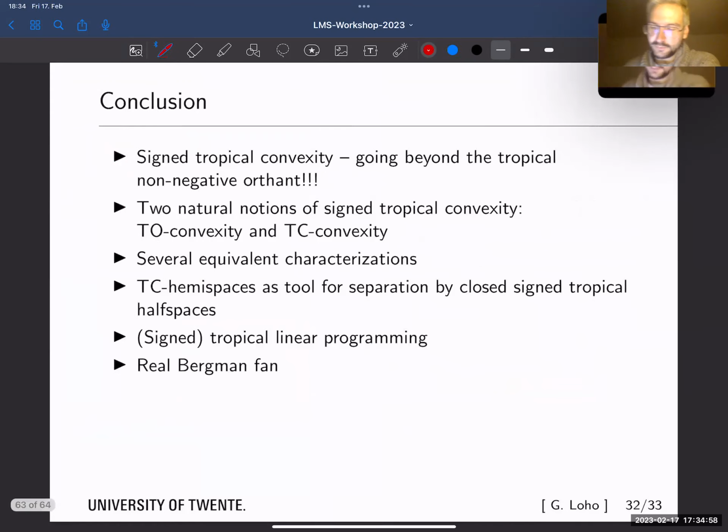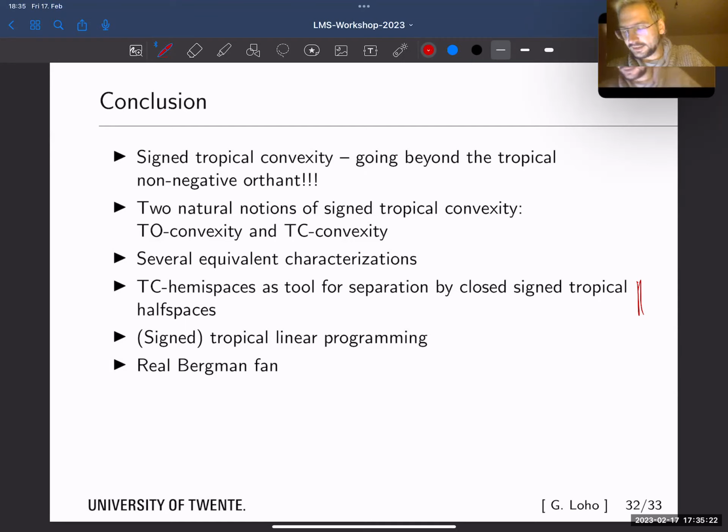Yes, and with this, I want to wrap up. I tried to give you an overview of the features of signed tropical convexity and why you should be interested in it. I skipped over the technical tools of TC hemispaces. Maybe those of you who like tropical hemispaces should take a look at that.